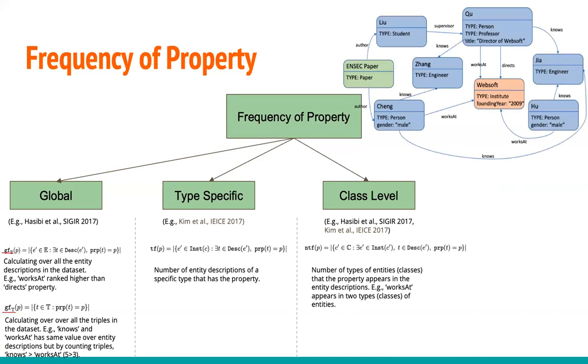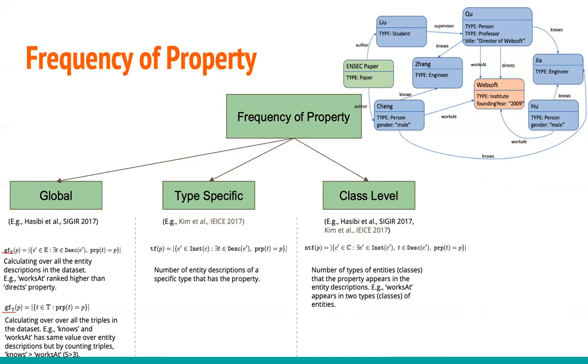If you look at our smaller graph example again, if we take the relation works at, in total it appears 3 times, so it has 3 triples. But if you look, it appears in 2 different classes, person and professor.